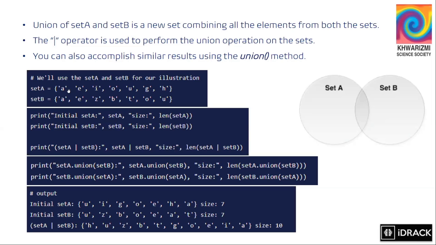We noticed that there were 4 repeats: A, E, O, and U. If you notice here, it's only written U once, similarly O and E and A once. All of those elements that were a repeat, you will only see them once in the union set. It's deleted the repeats, and now it's telling you that the size of this set is 10. So it's deleted one set of the repeats.